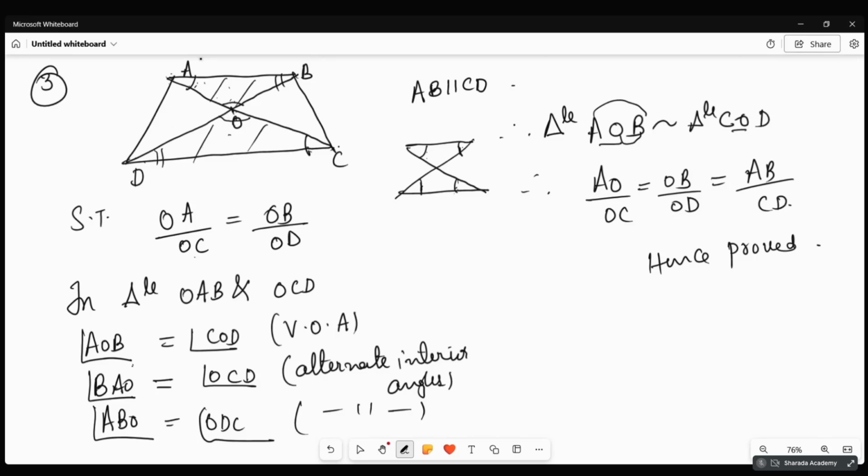So I can write here, angle A is equal to angle C, angle O is equal, B is equal to D. So they are similar. Now write the sides proportional. OA by OC is equal to OB by OD, that is equal to AB by CD. Okay, write down. Write down and try the fourth one.